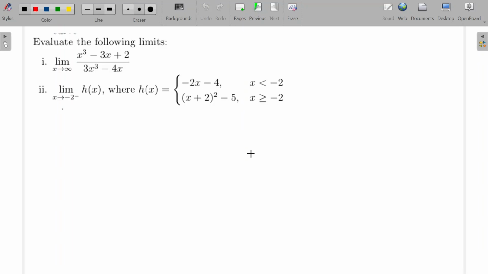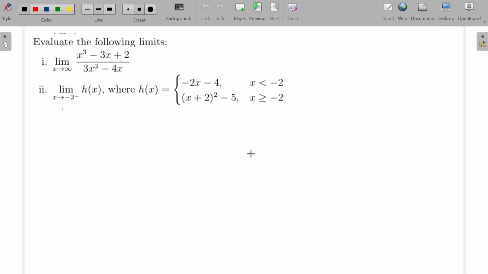All right. So our other questions for today, which will be the last questions for today, these ones. Okay. So this is also on limits, and we have been given this question to say evaluate the following limits.